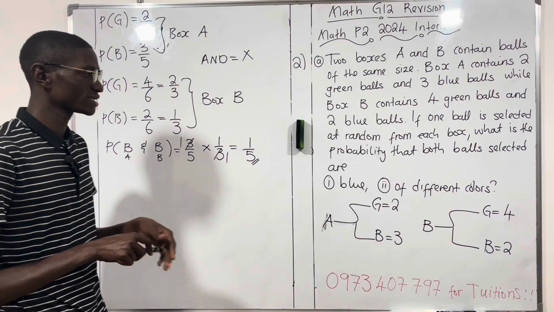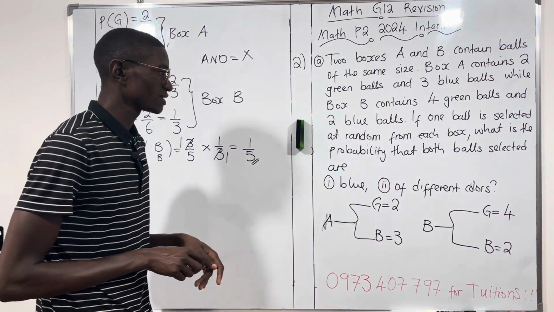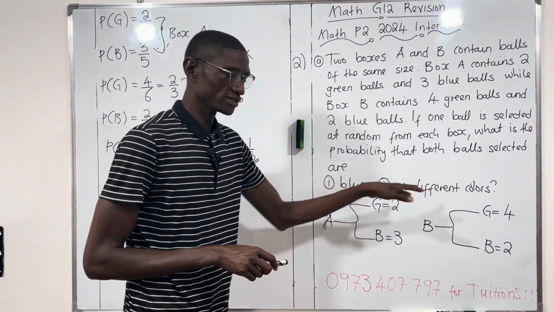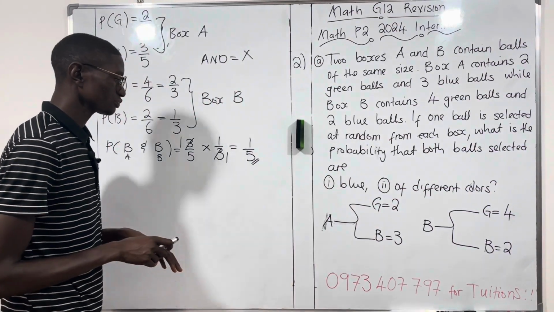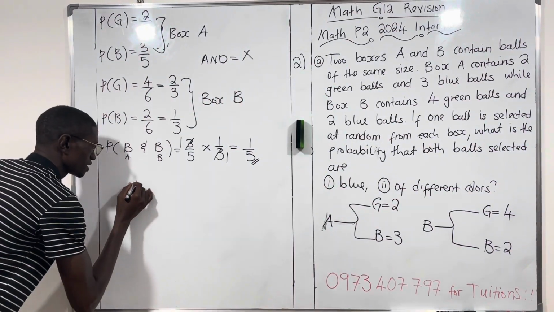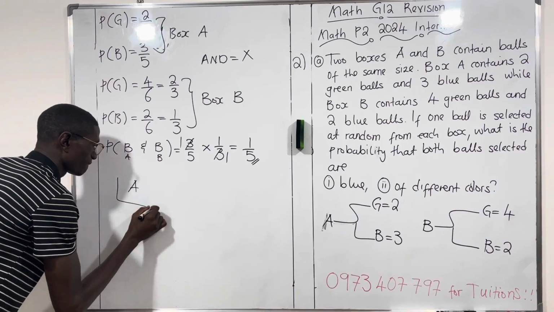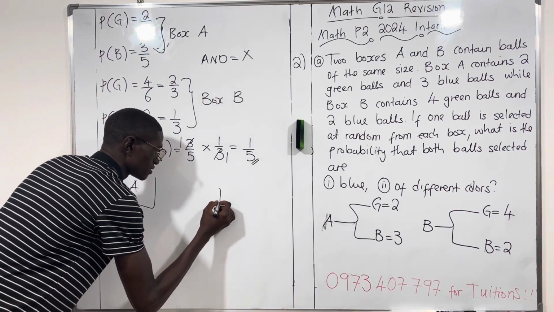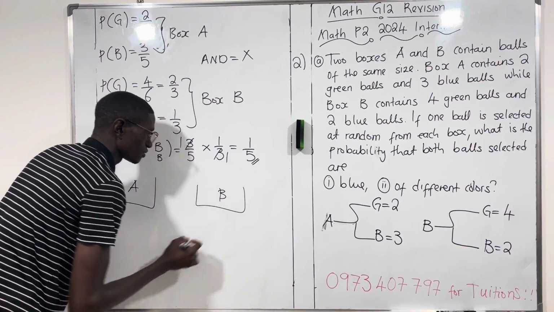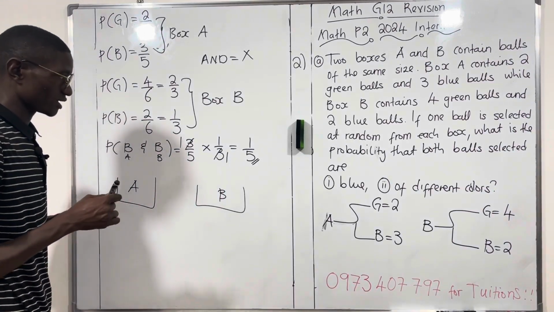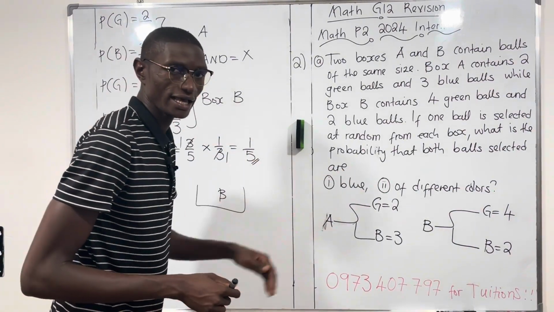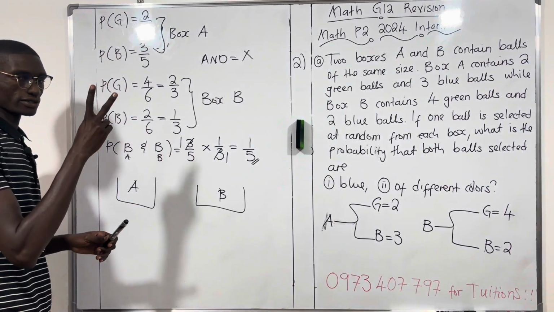Now, the next question says, what is the probability that both balls selected are of different colors? Meaning, this is A, right? Box A is here. And this is box B. Okay? If the balls selected were of different colors, meaning we have 2 scenarios. Okay?